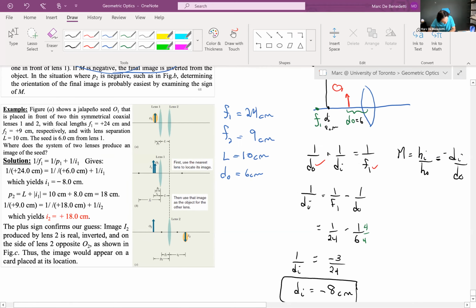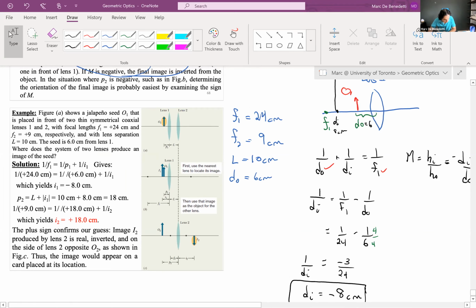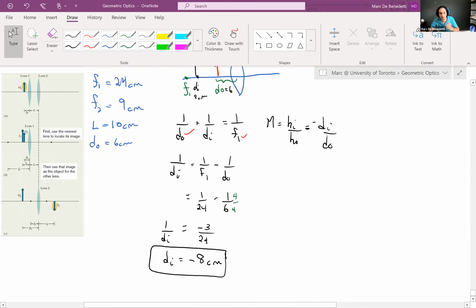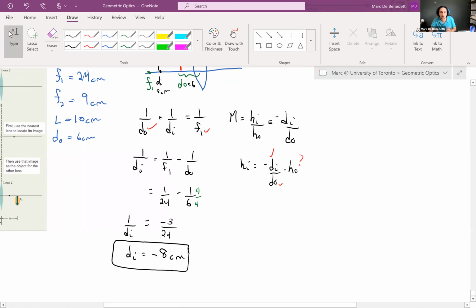We don't, so we don't have enough information for that. We would need to at least know the height of the object. The height of the image would be -di over do times ho. We would have di and do, but we would need to be told what ho is, which we aren't. So I guess that's why they don't ask for it.